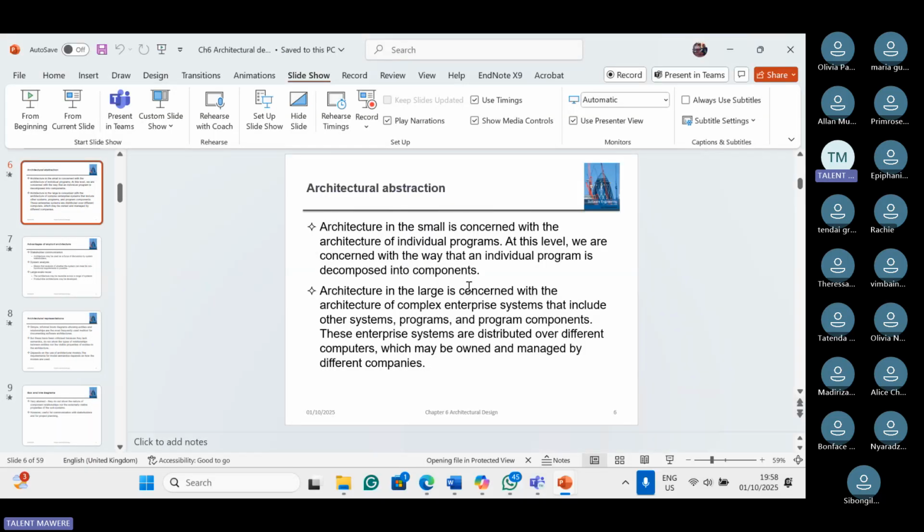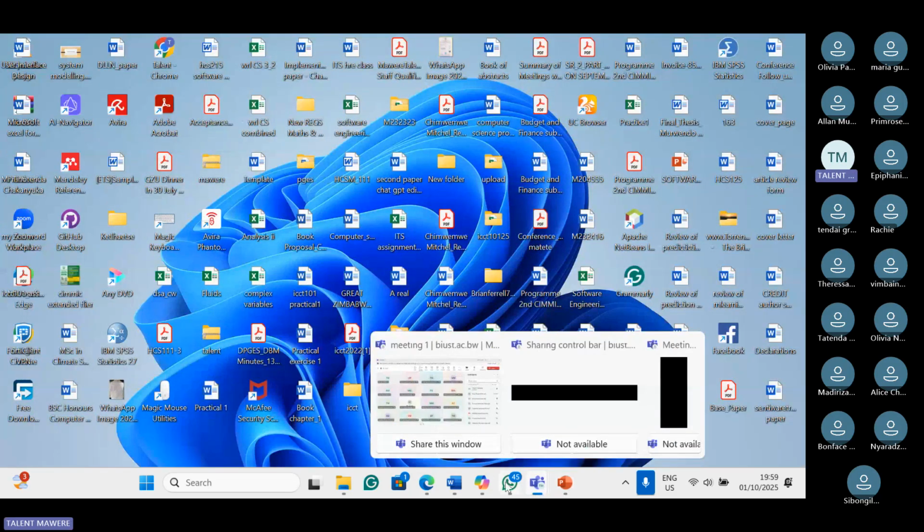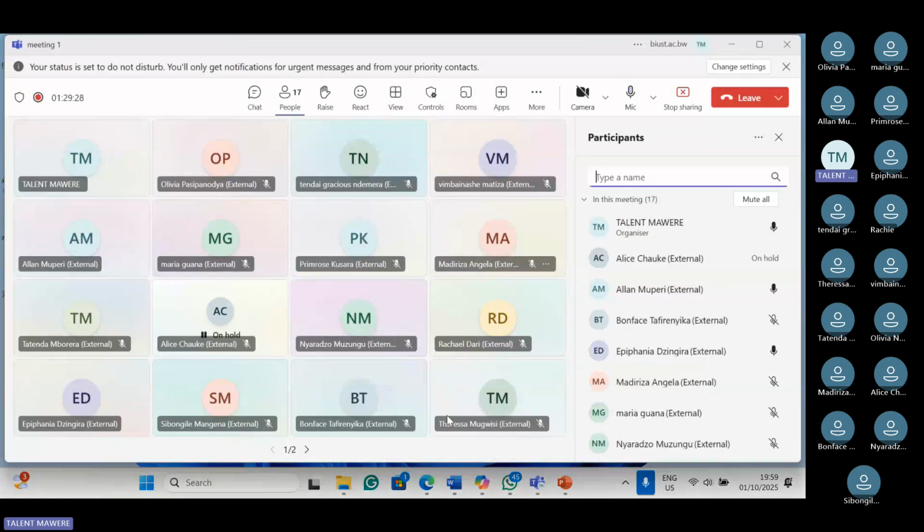And this ends the presentation on architectural design. The next thing that we would have to discuss is component design.